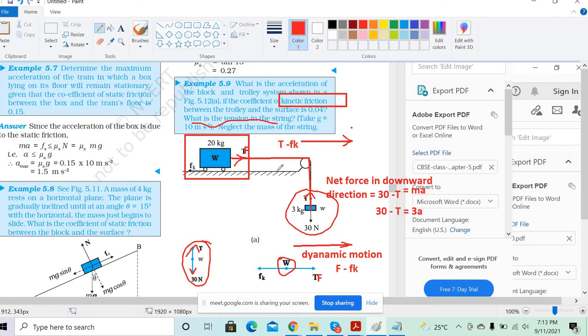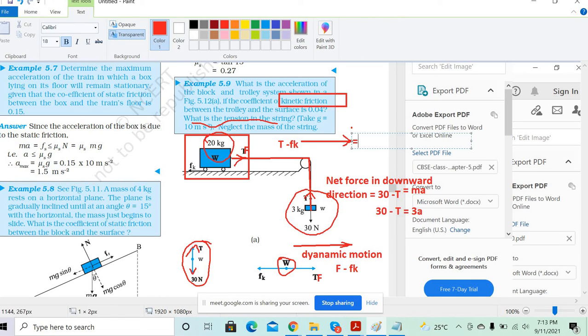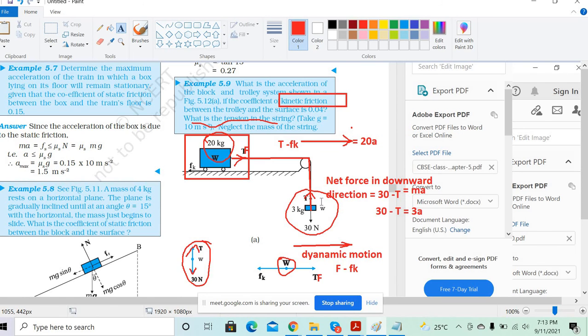Yes, sir. Now T minus Fk is in the same direction, so the same force is there. So T minus Fk should be equal to mass into acceleration, 20a. Fine.